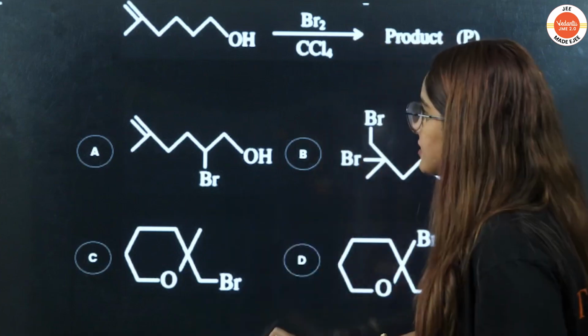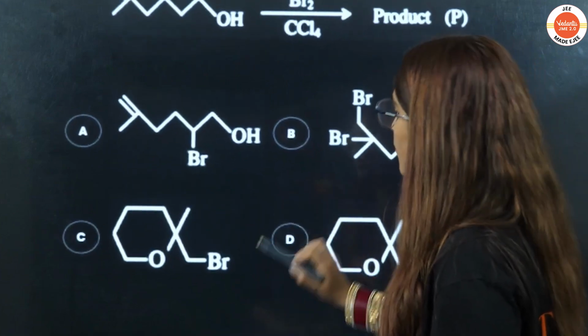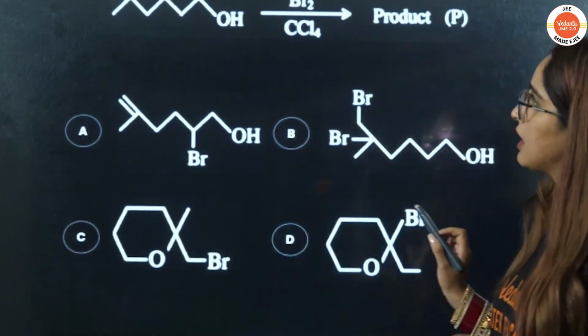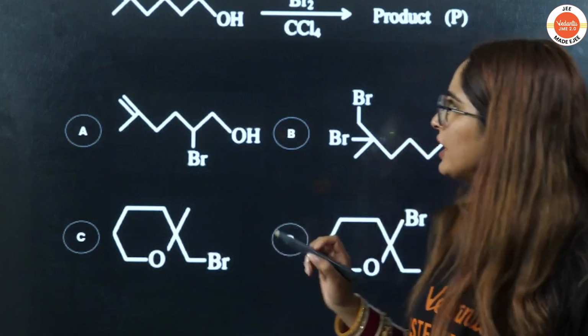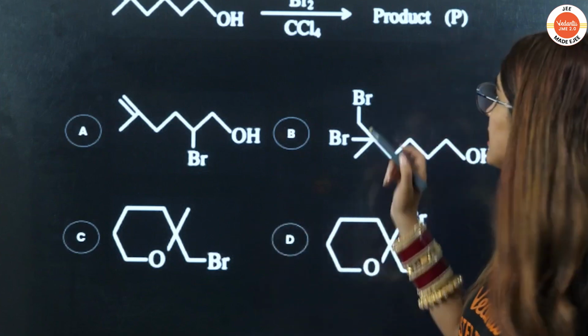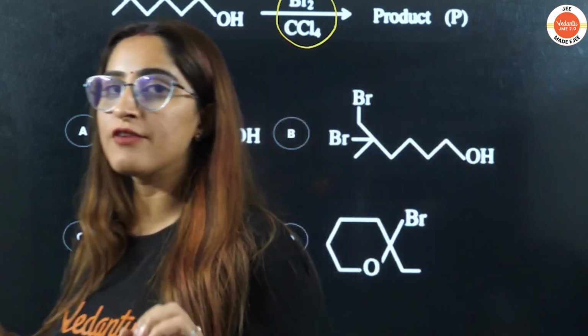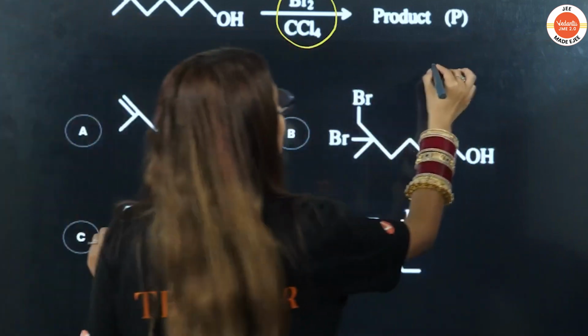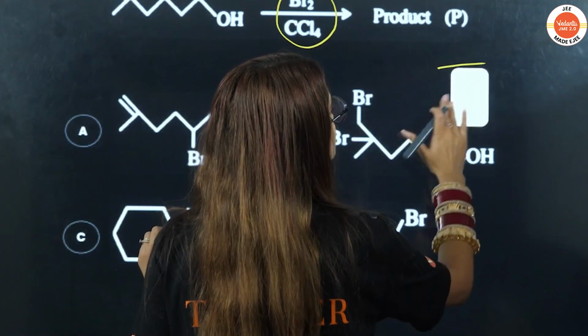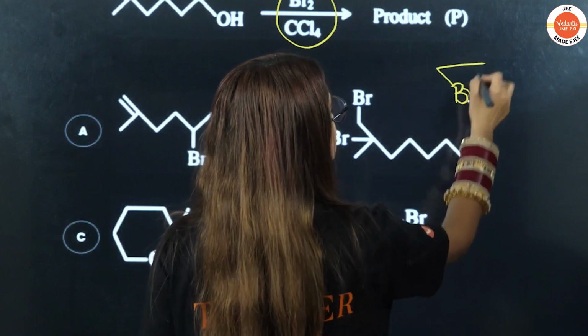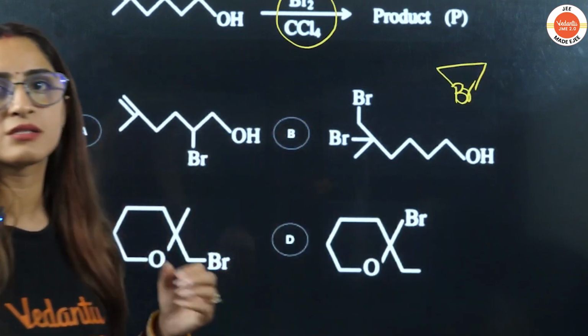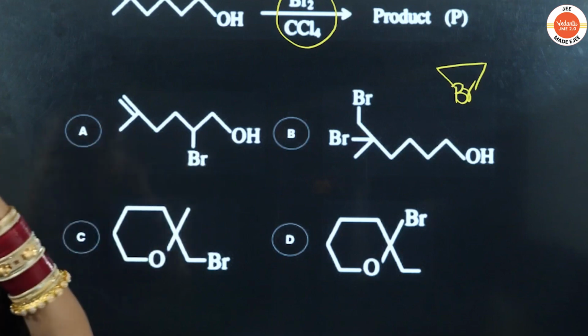They have given us this question where you have an alkene that is getting reacted with Br2 in CCl4. So whenever you have a double bond that is getting reacted with Br2 in CCl4, there is always the formation of a cyclohalonium ion, right?